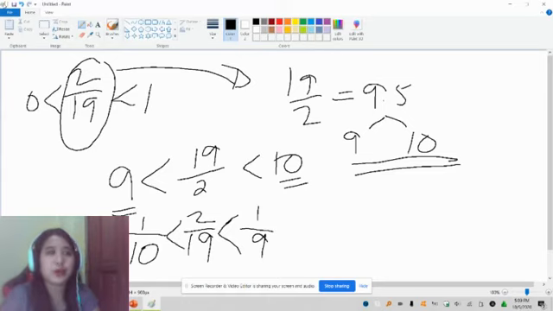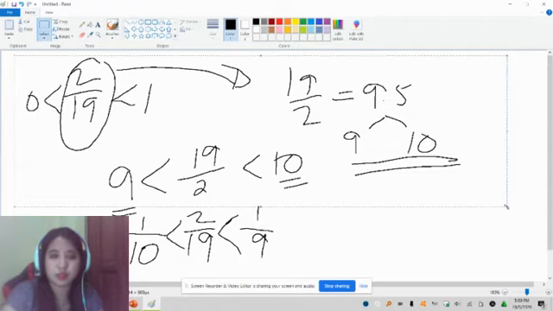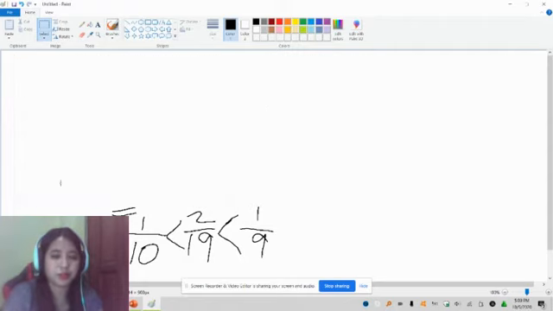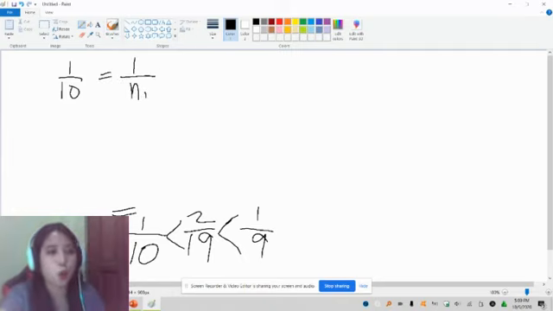So how will we now compute the value? Let us remove other parts. We have 2 over 19 greater than 1 over 10, and 1 over 10 is actually our 1 over n sub 1.